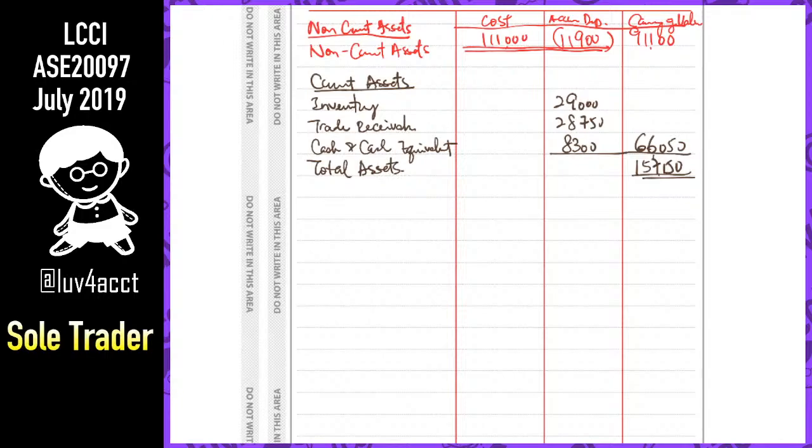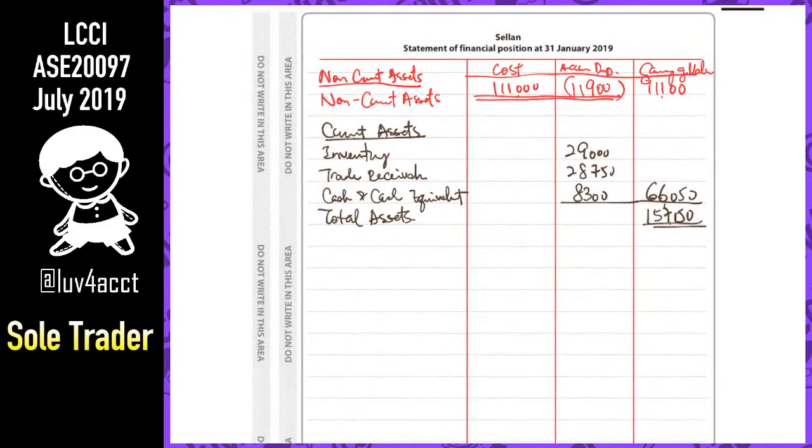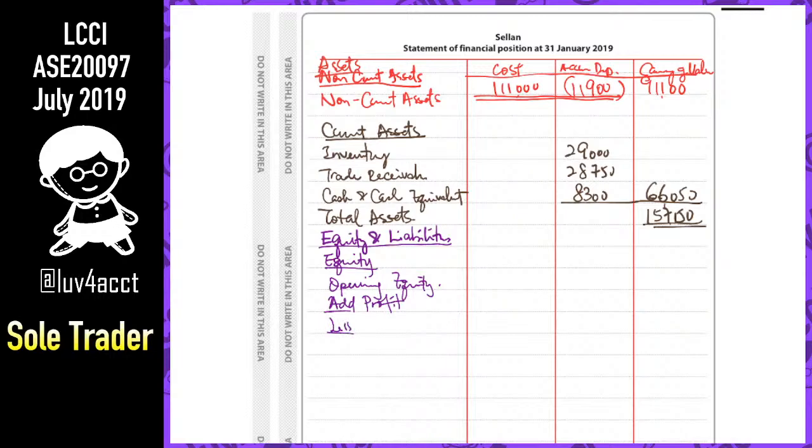Here we can also add assets to make a better format. Here we have equity and liabilities. We have equity: opening equity, add profit for the year, less drawings.